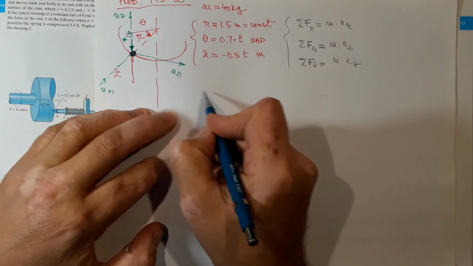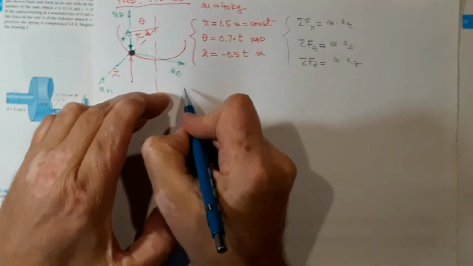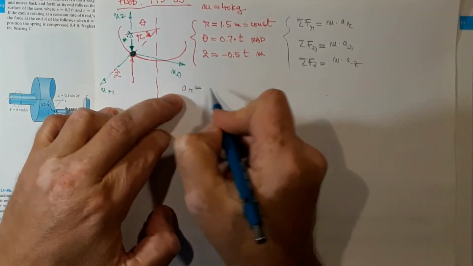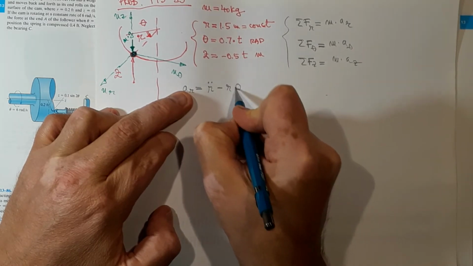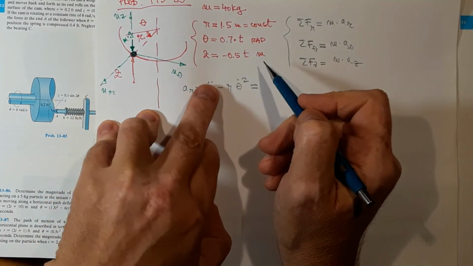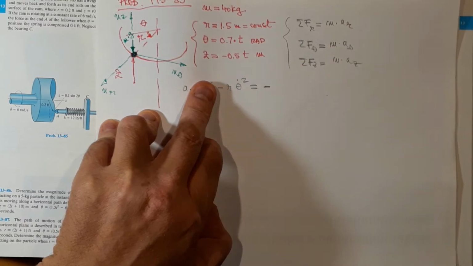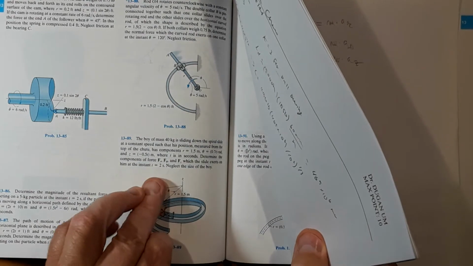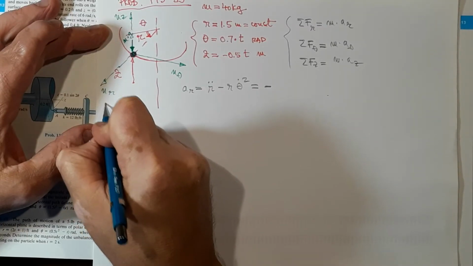Okay, so let's take care of the right hand side and calculate a r. We know the equation: r double dot minus r theta dot squared. Since r is constant, first and second derivative will be 0, so I have negative r theta dot squared.